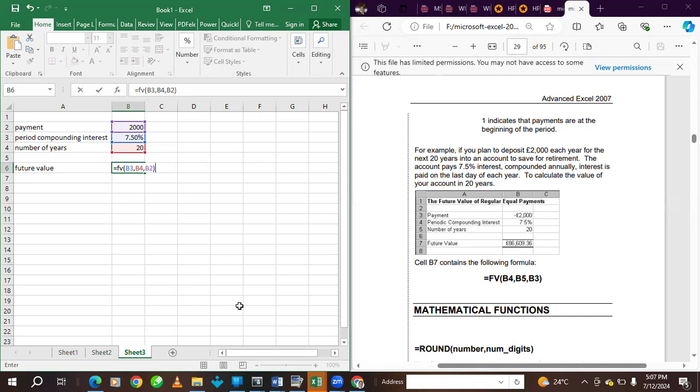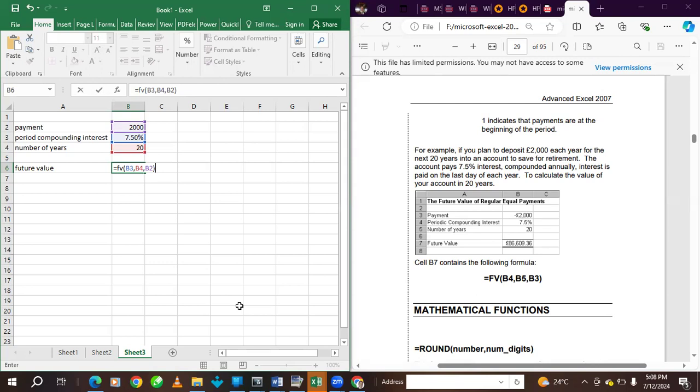If you have been saving maybe 3,000 every month, you take the interest rate provided by the bank, you multiply by the number of years or months that you'll save, then you multiply by the payment itself.